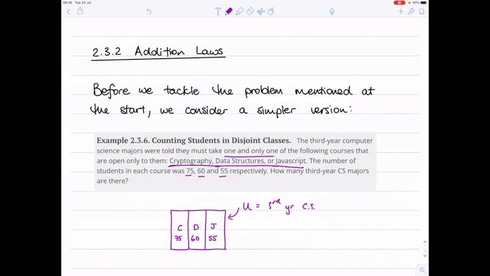JavaScript. And since those are all the students in third year, because every student has to take one, and there are no students taking 2 of the courses, we can work straight out that the size of our universe must be the size of the sum of each of our blocks in our partition.